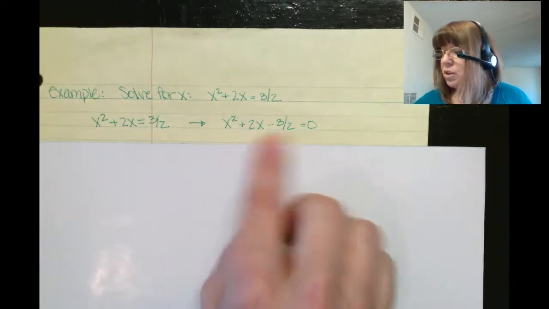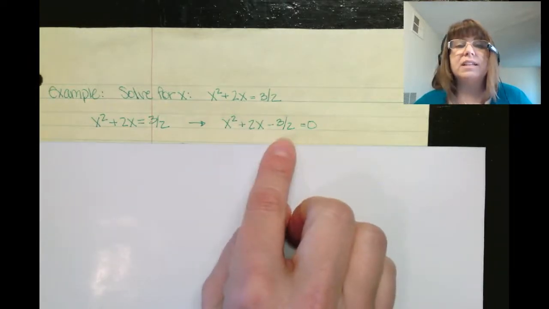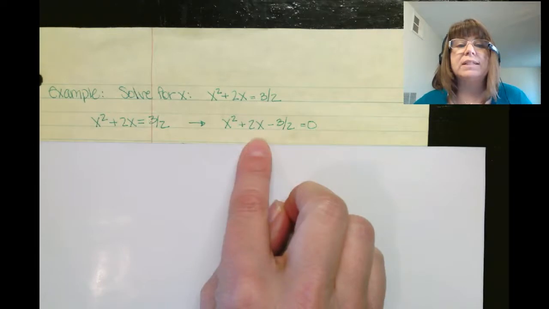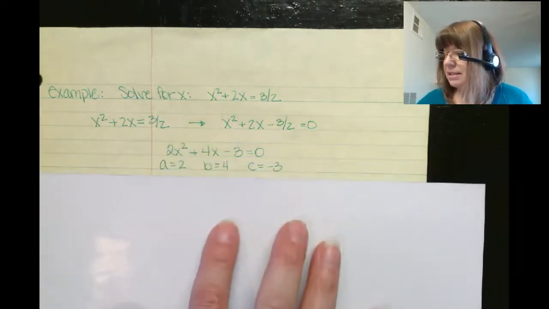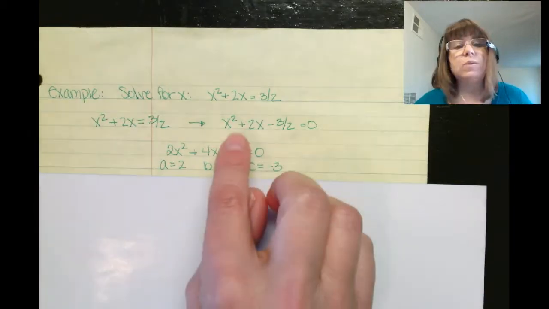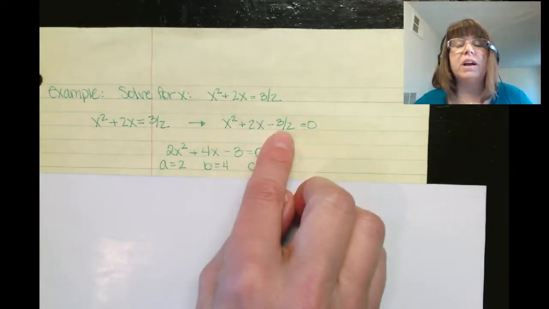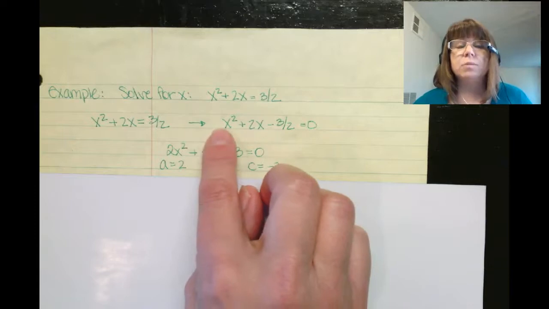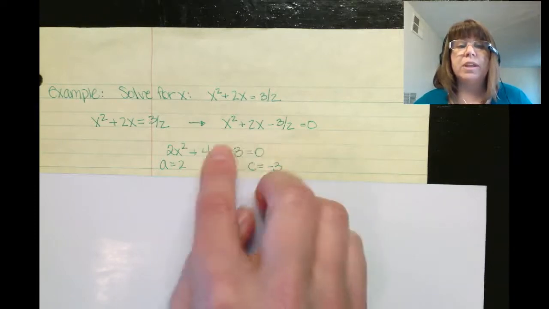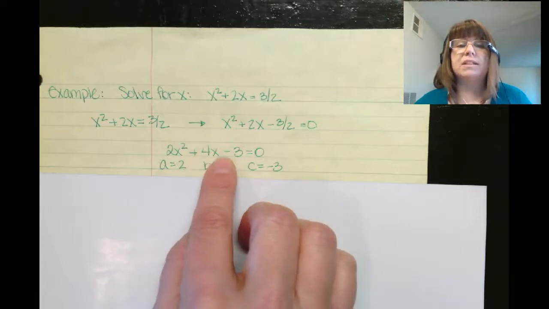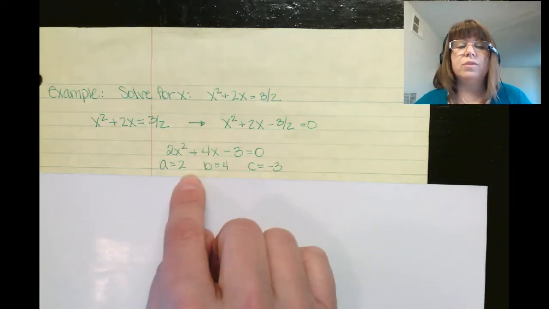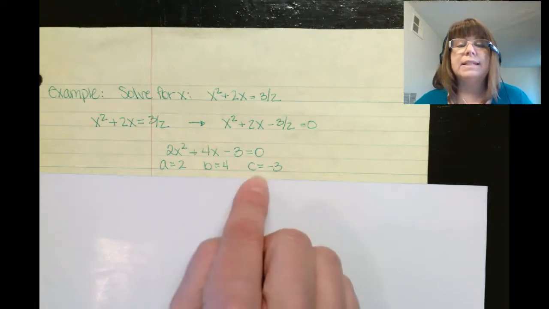Well, we're going to move the 3 halves over to the left-hand side, so it becomes x squared plus 2x minus 3 halves. Let's figure out what a, b, and c are. What I did was get rid of my fraction by multiplying everybody by 2. So it became 2x squared plus 4x minus 3. A is 2, b is 4, c is negative 3.